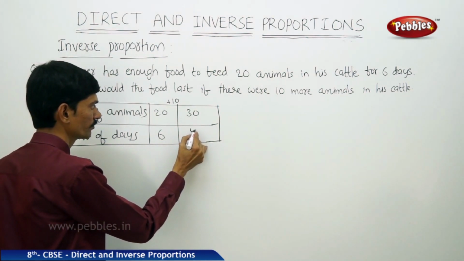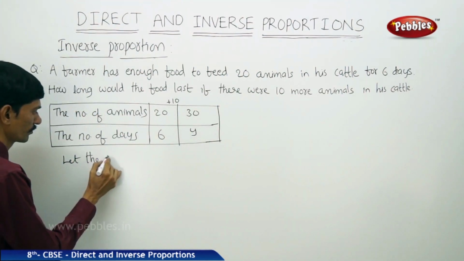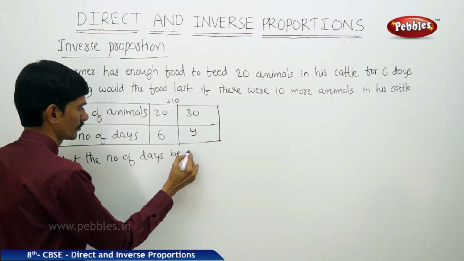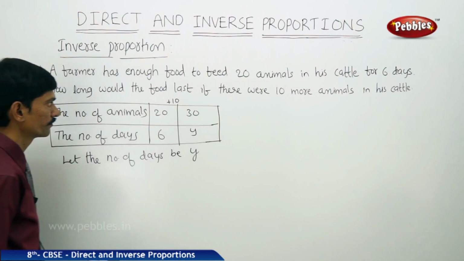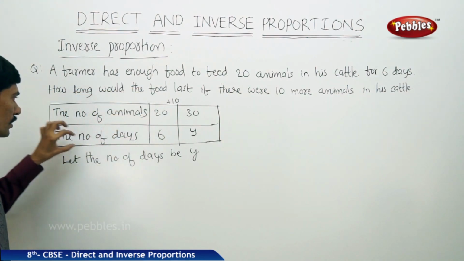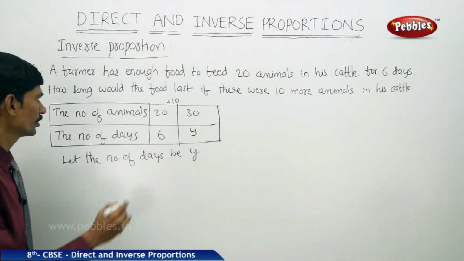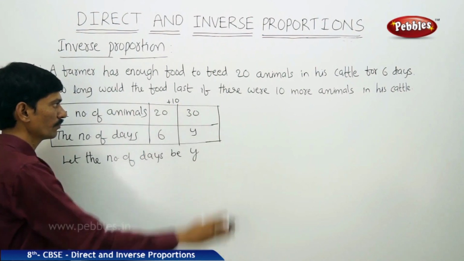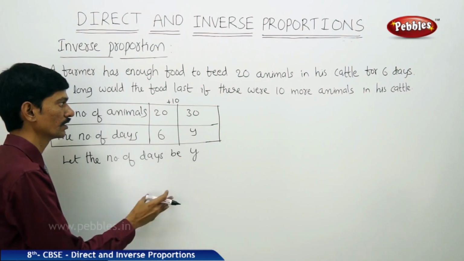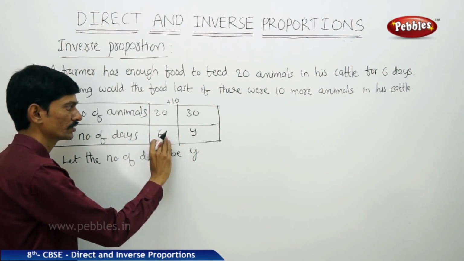So let the number of days be y. Now if he has 20 animals in his cattle, he can feed the food for 6 days. So if he has more animals, 10 more animals means 30 animals, then the food lasts only a few days, so less than 6 days.